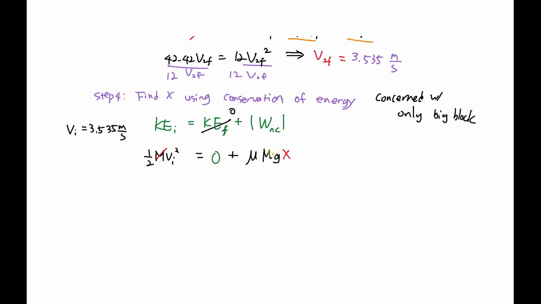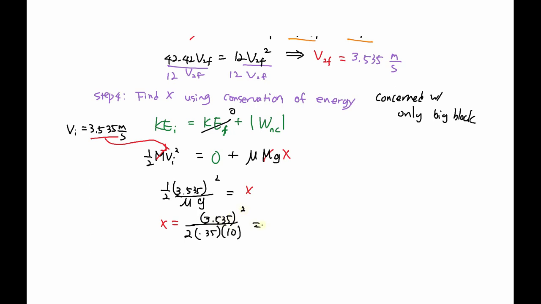So mass cancels out. Just plug in our initial velocity, and then divide by our mu and G. Mu is 0.35, G is 10, 1/2 times 3.535 squared.